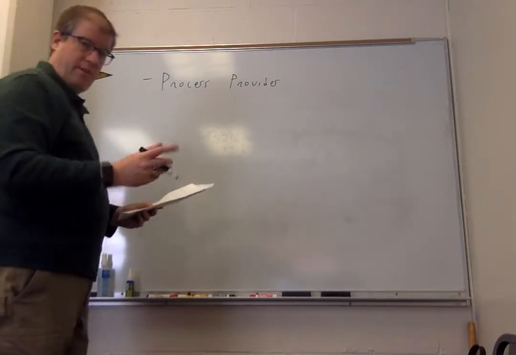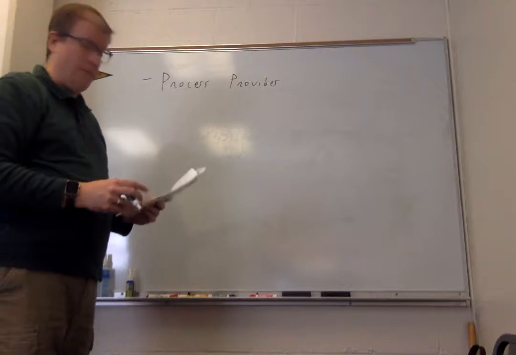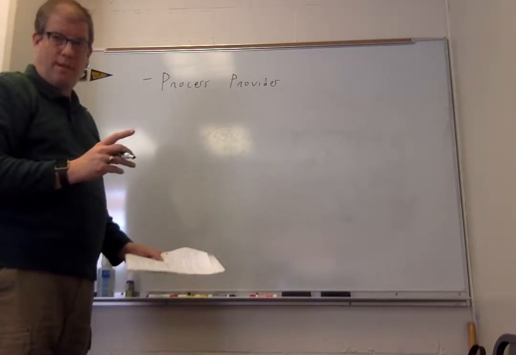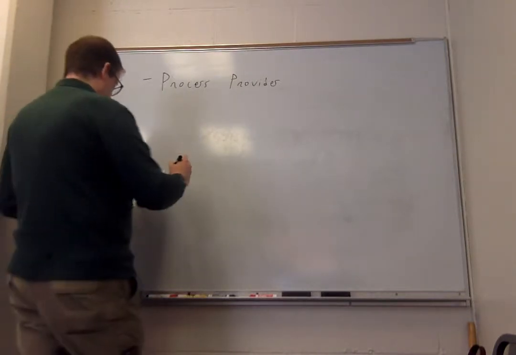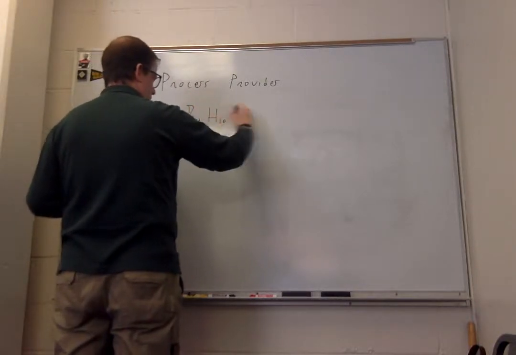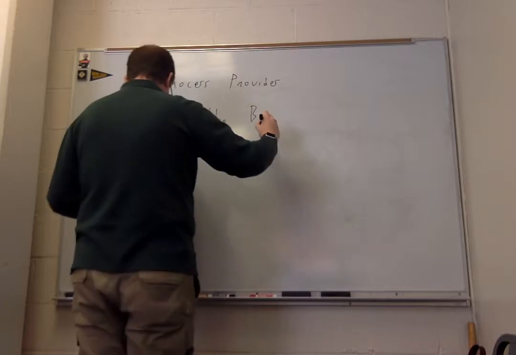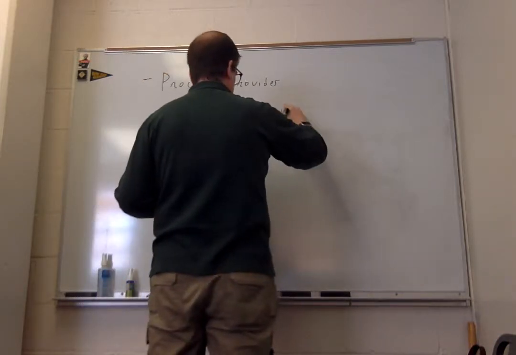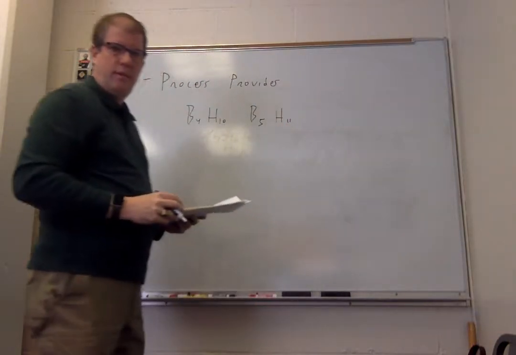And so from just that combination of BH3 and B2H6, what we get are a whole bunch of things that are stable. We already saw B4H10 and B5H11.